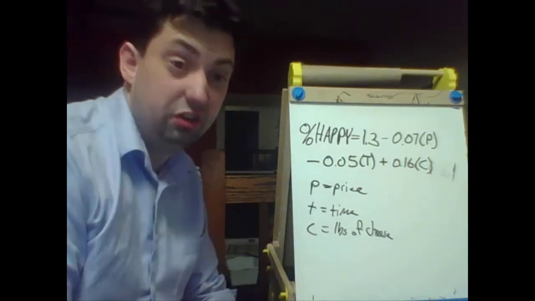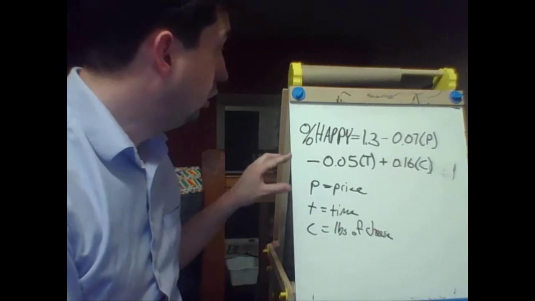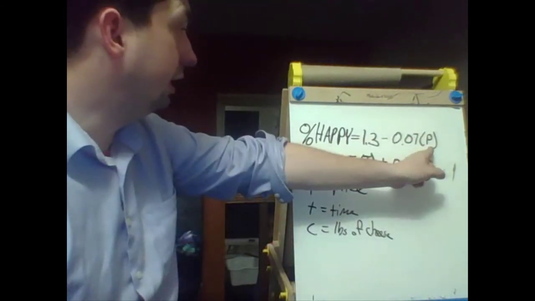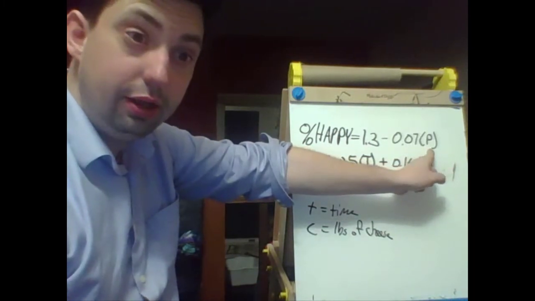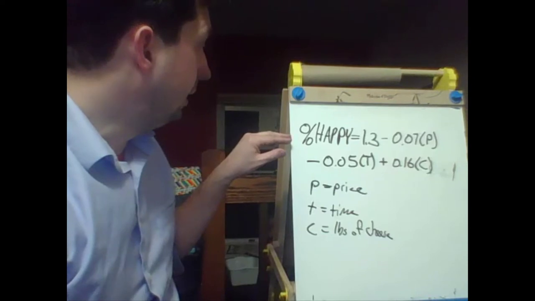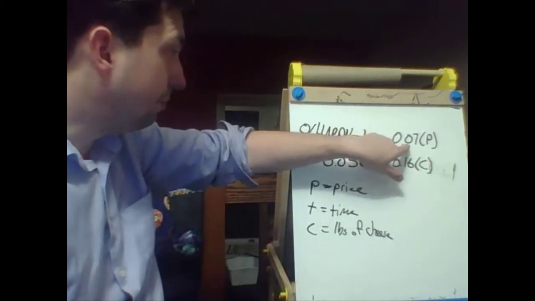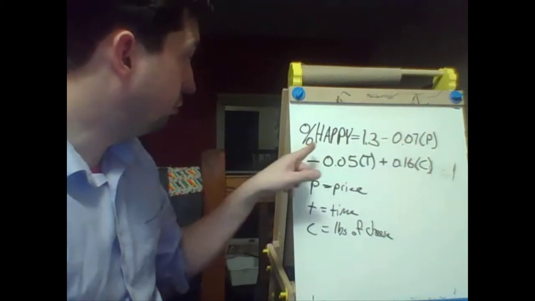Whatever it is, it's a lot of cheese. So in this hypothetical regression, we would say that for every additional dollar that the pizza costs, this variable falls by 0.07. Because it's a percent, we would say 7 percentage points.